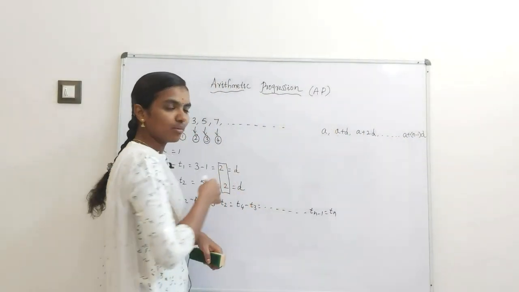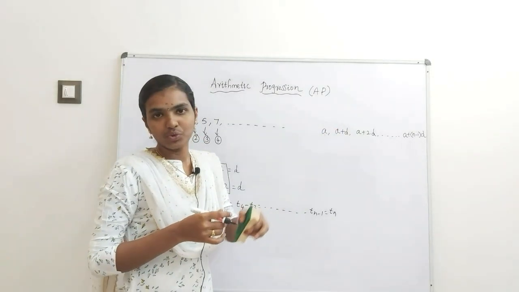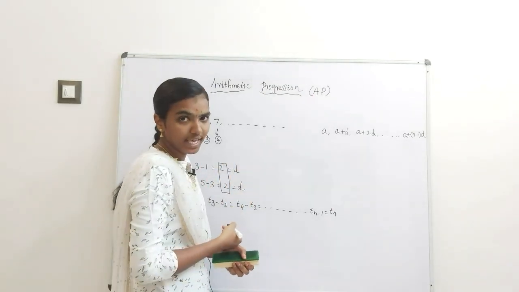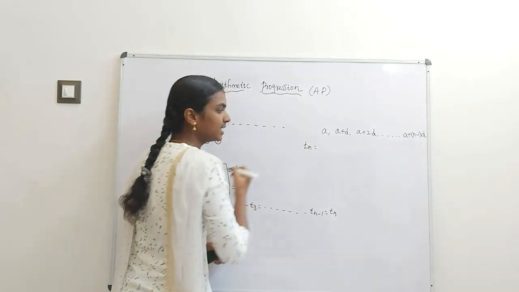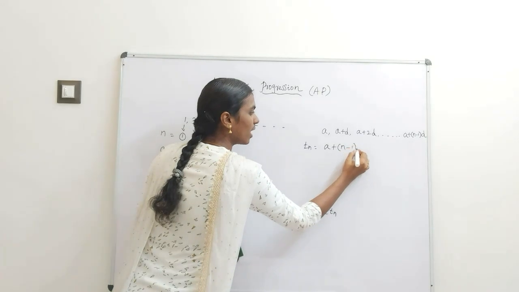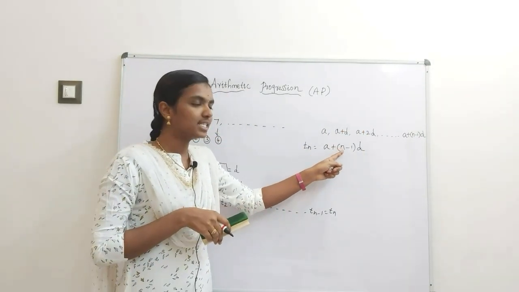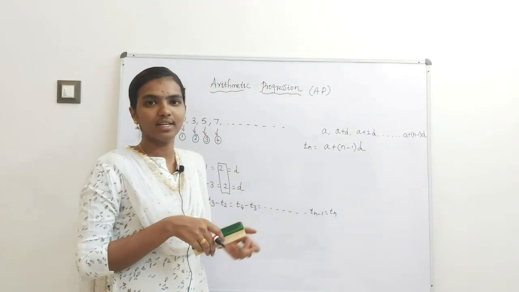So the general form of an arithmetic progression is a, a plus d, a plus 2d and so on. The formula for finding the nth term of an AP is Tn equals a plus (n minus 1) times d. Here a is the first term, n is the number of terms and d is the common difference of the given series.